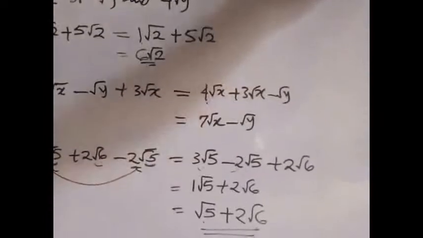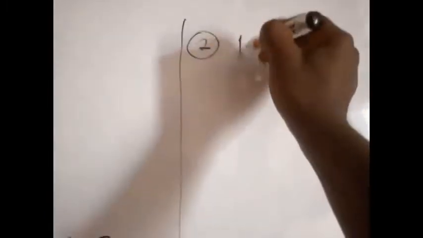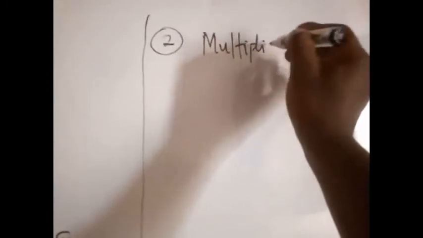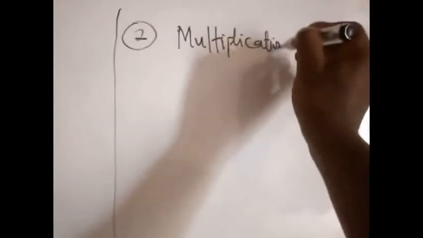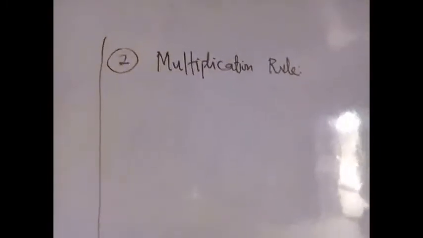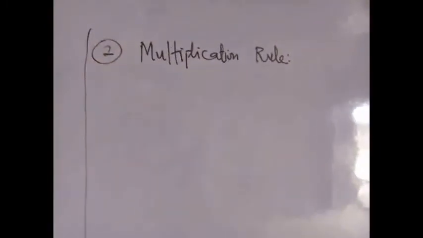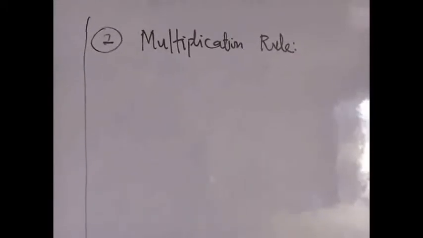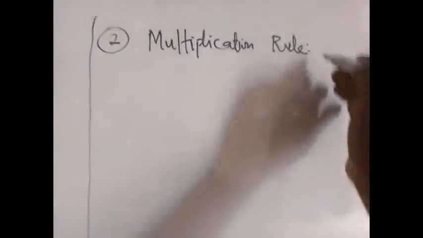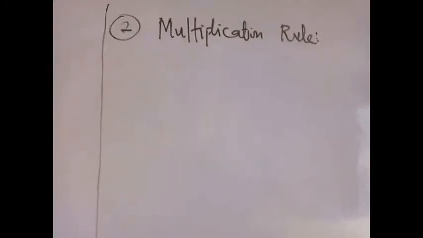Then the next rule, number 2, is that of multiplication. In the multiplication rule, it deals with roots of similar or different numbers.